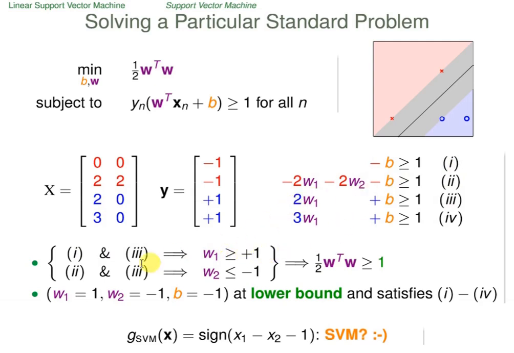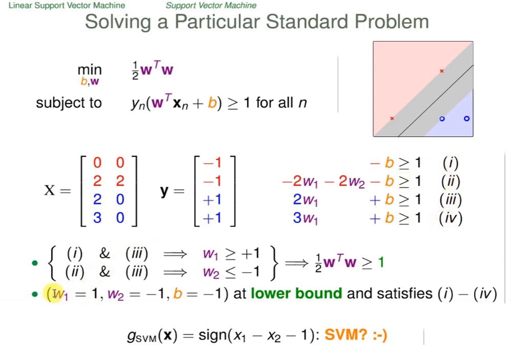And for constraints 2 and 3, W2 should be less or equal to negative 1, which will lead to W transpose W over 2 being greater or equal to 1. We can also find the optimal weights for the given simple example at a lower bound that satisfies all the conditions.